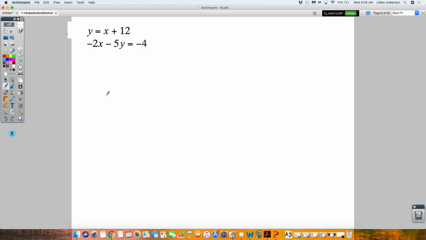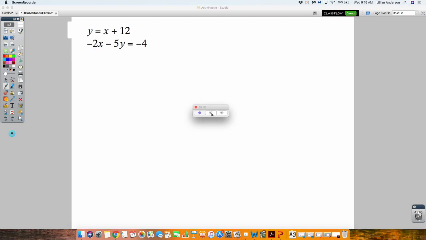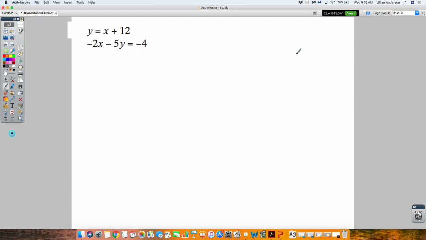Let's do this one. Okay, so for this one, you guys remember about the negative? Okay, let's see. Did you take this x plus 12 and plug it in for y? Okay.